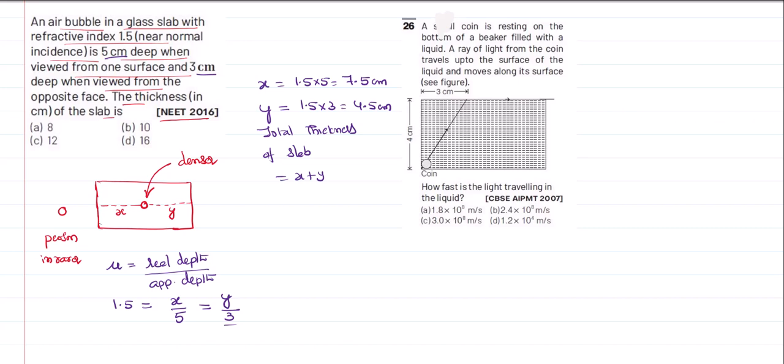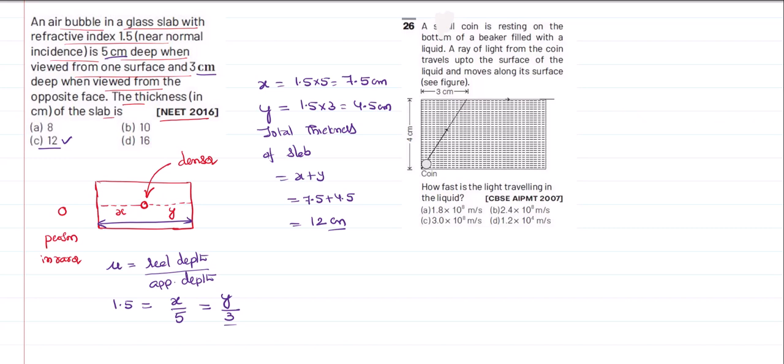That's the total thickness. X is 7.5, y is 4.5. 7 plus 4 is 11, and 0.5 and 0.5 is 12. So the real thickness of that glass slab is 12 centimeters. That's how we solve this problem.